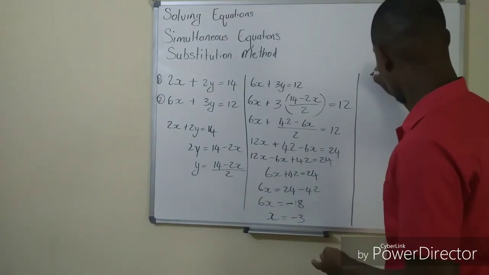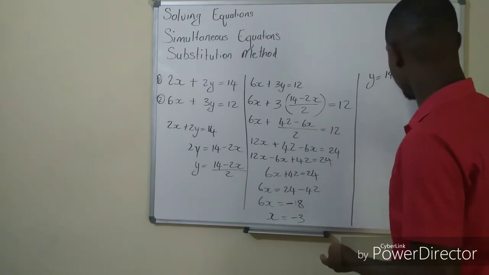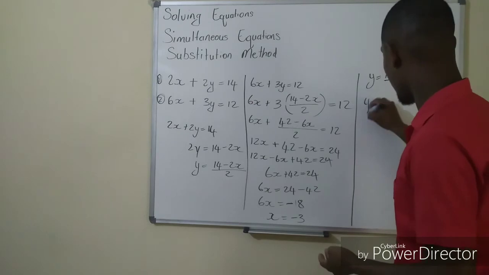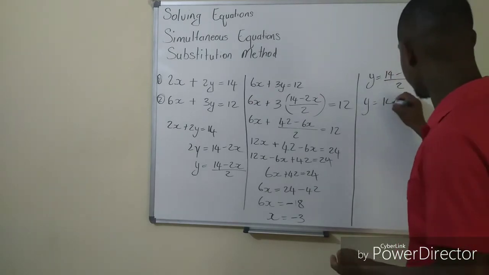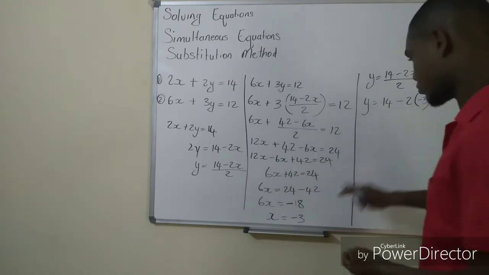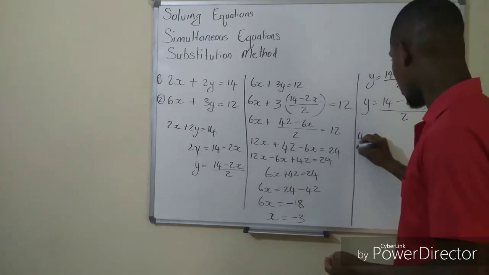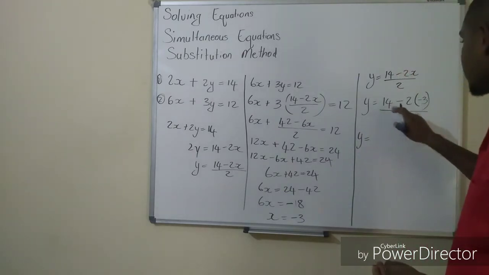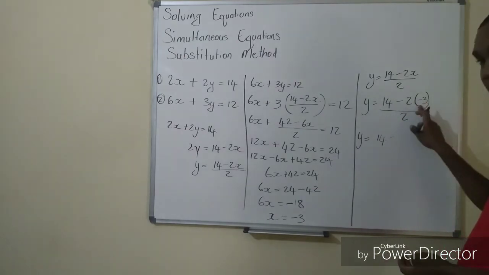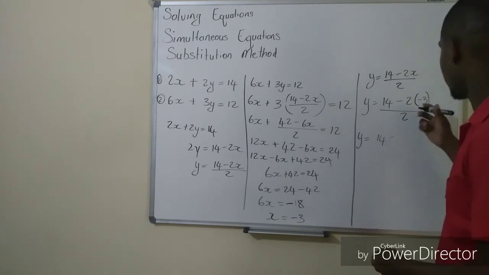So you can say y equals (14 minus 2x) over 2. So y equals 14 minus 2, open bracket, negative 3, because that's the value of x, all over 2. So 14 minus negative 2 multiplied by negative 3.